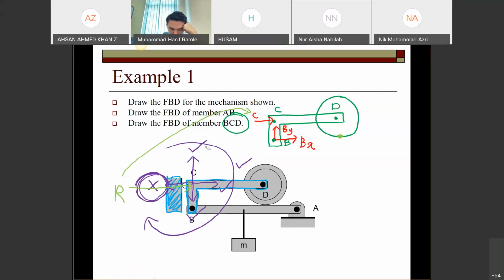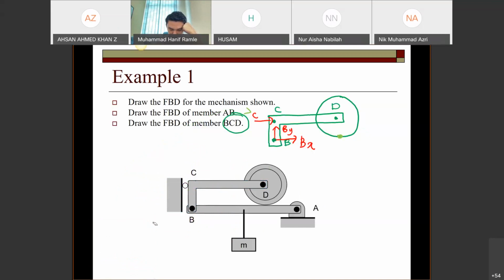Let me erase this. Again, since we do have this roller, and we are considering this restriction, this roller can go right, can go up, can go left, can rotate, but downward cannot.